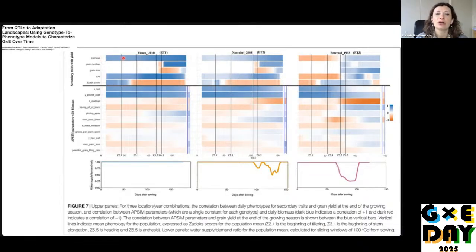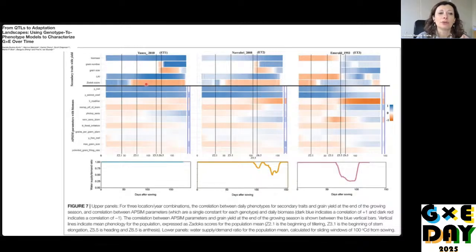We see that in this environment, we always get a positive correlation. This environment did not have any water stress. But if we move to an environment with a strong water stress, we see that the correlation between biomass and yield is negative at the beginning. Having a high biomass means low yield, but later, having a high biomass means high yield, a positive correlation. So we have correlations that change over time.